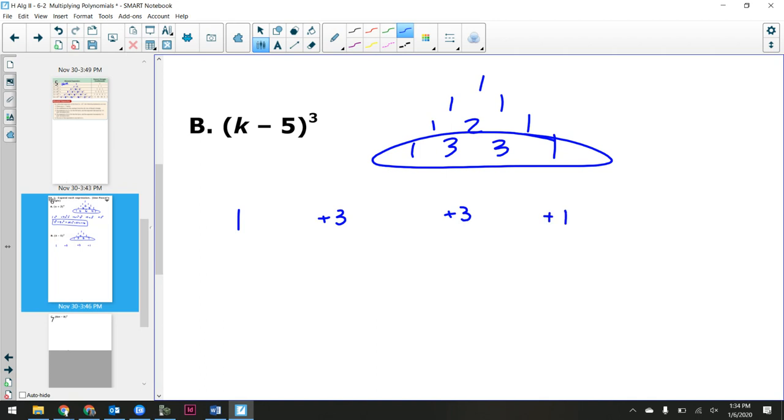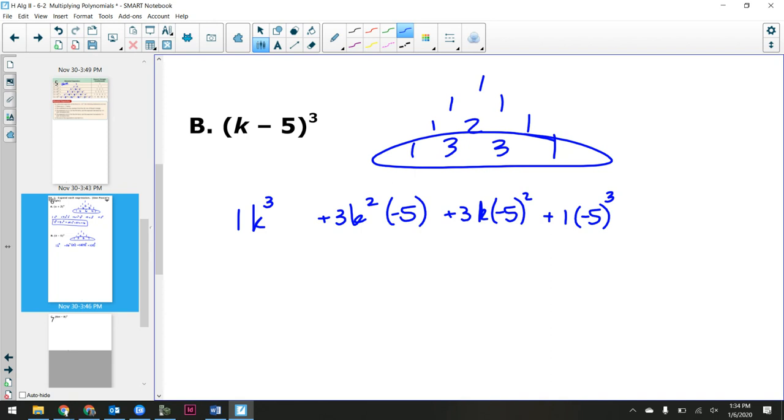My first term is k, so I take my highest power of k: k to the 3rd, k squared, k, and then it's gone. What's my second term here? Negative 5, raised to the 3rd power, negative 5 to the 2nd, negative 5 to the 1st, and then it's not in my first term.